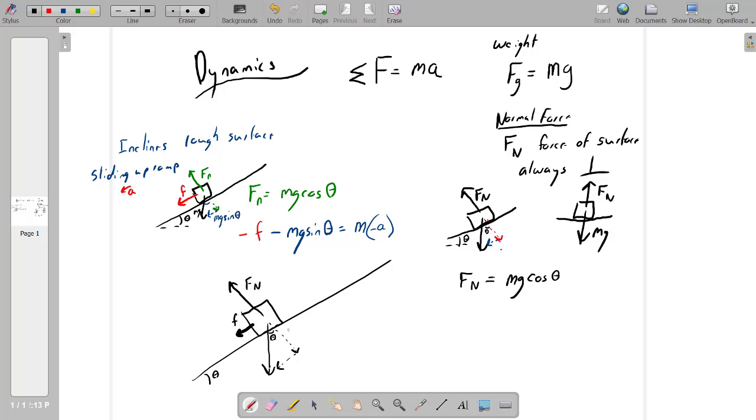It's touching the angle. So this one right here is mg cosine of theta. This one is opposite, so this one is mg sine of theta. Does that make sense, Luis? Yeah, kind of.